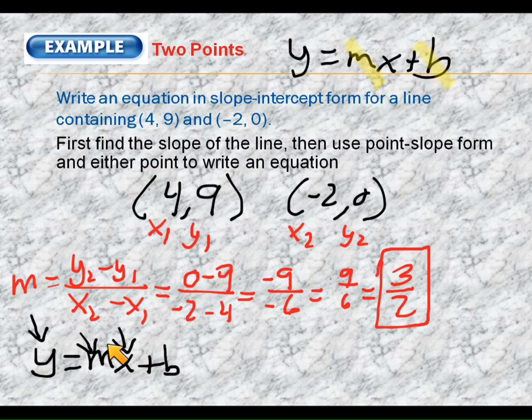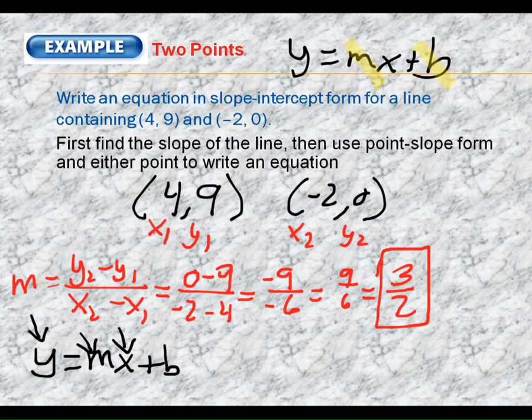If I plug in a y coordinate, my slope, which was 3/2, and an x, okay, then I can solve for the missing variable b. I could pick this for my x and y, or I could pick this for my x and y. It doesn't matter. Okay? I can pick either one and plug those in for y, x, and m and solve for b. Okay? So I'm going to erase this work right here.